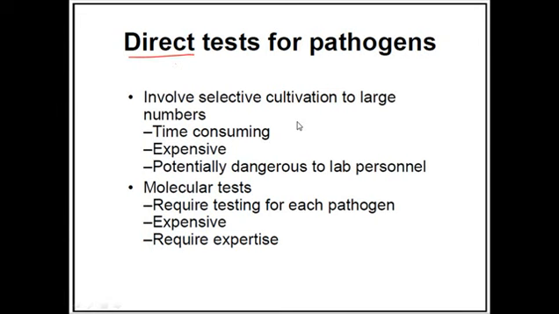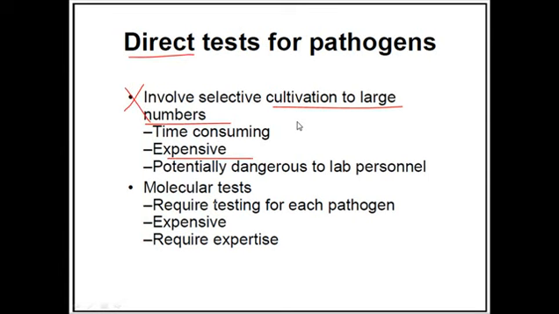Normally in these stages we have selective cultivation of large numbers. In this case we need to follow cultivation of all these things in large numbers, culturing those in laboratory conditions. They are expensive, that's why we do not use them normally.